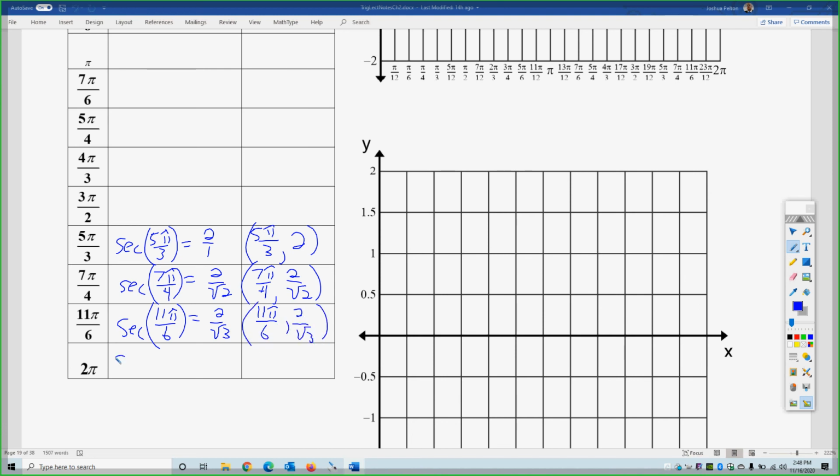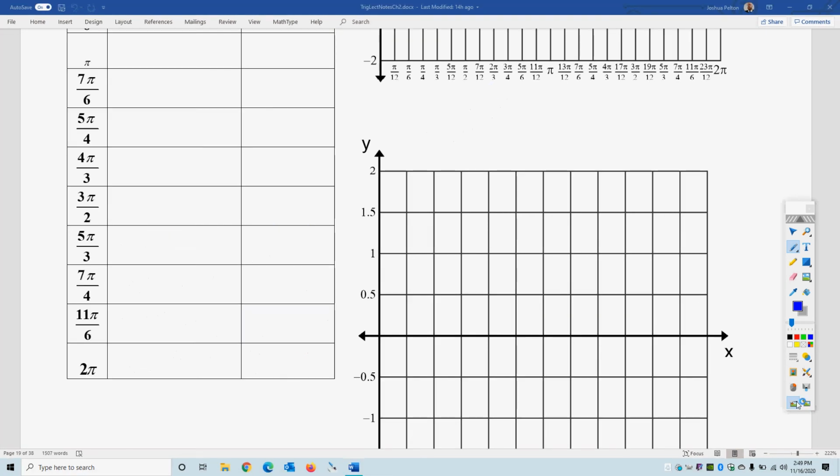And lastly, the secant of 2 pi means I made it all the way around. So I made it back to 2 pi, which is the 1, 0 coordinate. Since cosine is 1, the reciprocal is still 1 over 1. So at 2 pi, I'm at 1. Okay, let's go to the top, make a very exact graph, and then a quicker graph below that.